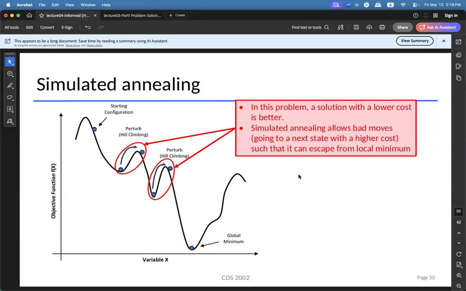Simulated annealing allows you to occasionally make some bad move, and the bad move will push you away from the local minimum, and you may be able to get to the global minimum.